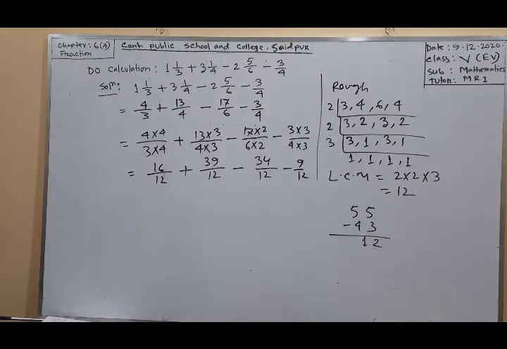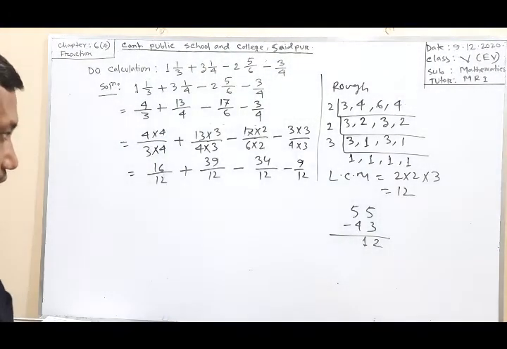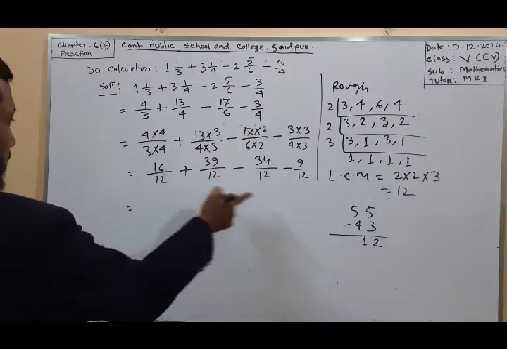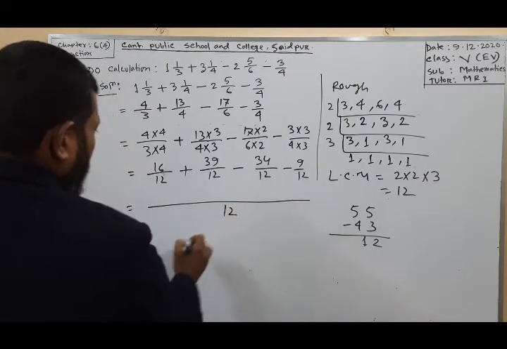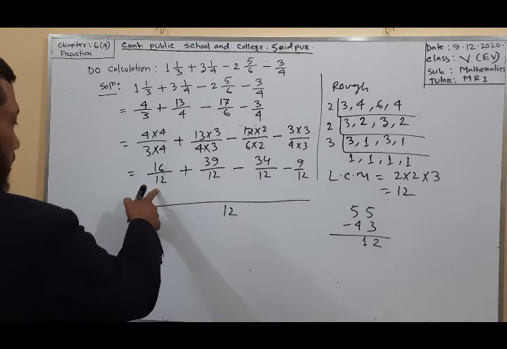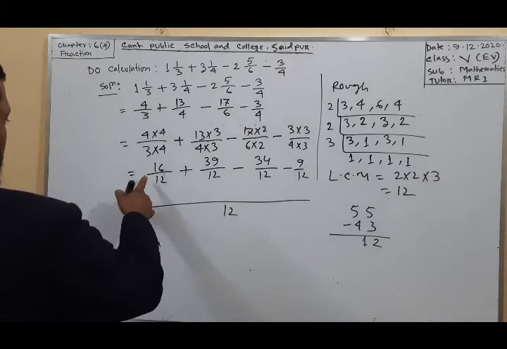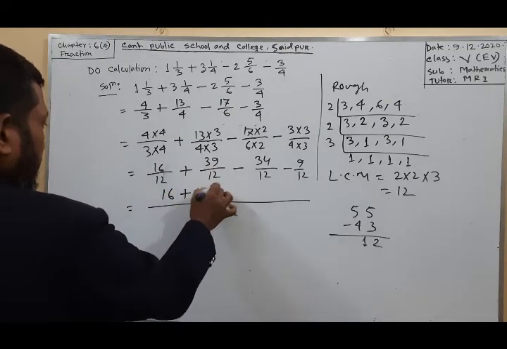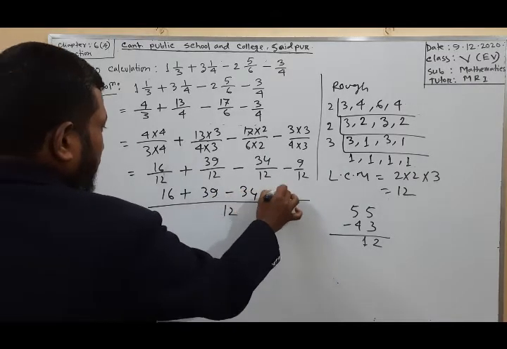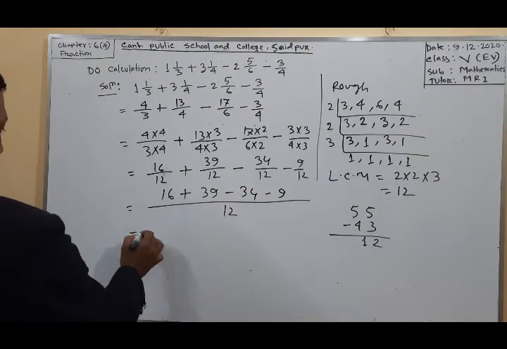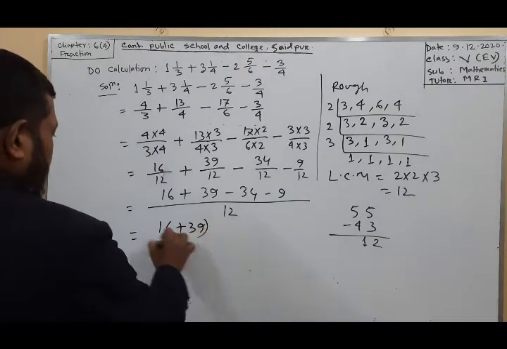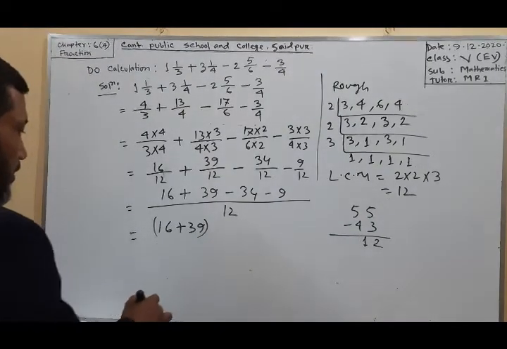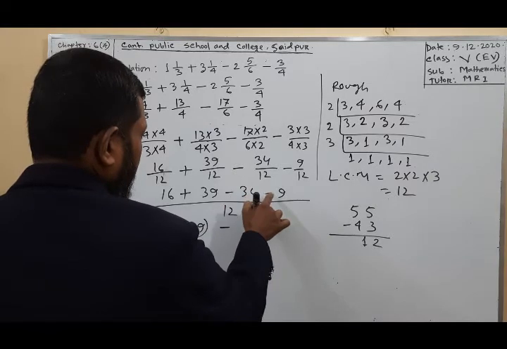We are seeing that all the fractions have equal denominators, that is 12. So the LCM of the denominators will be 12. 12 is divisible by 12. The 1 is multiplied by 16, and this will be 16. Similarly here 39, 34 and 9. 16 and 39, these two have plus, and here minus 34 and 9.